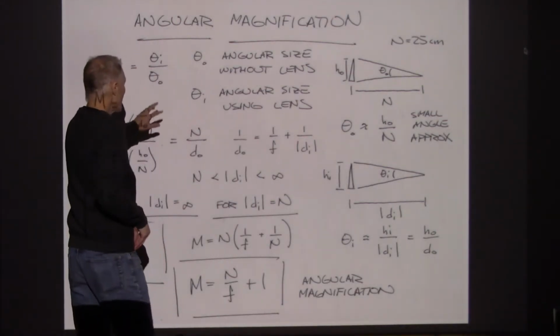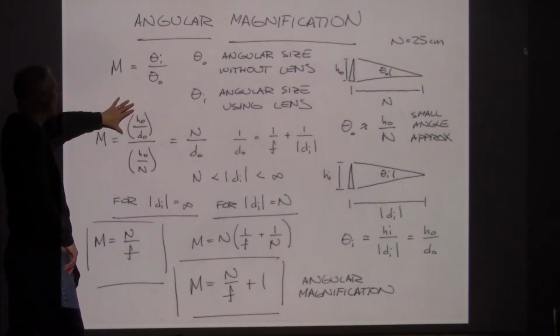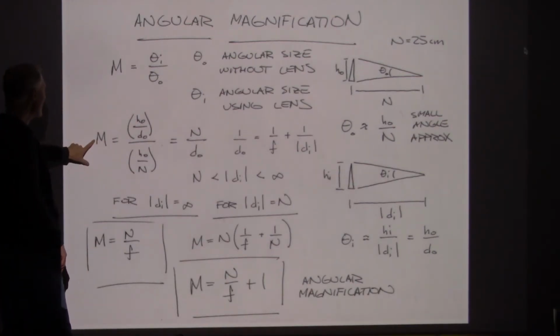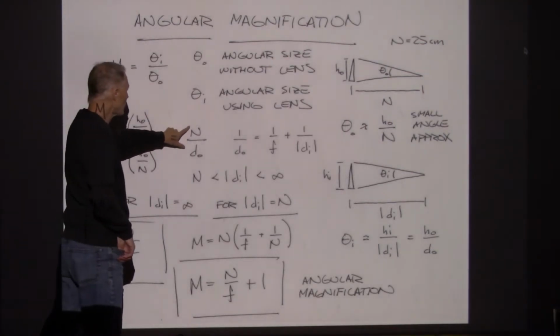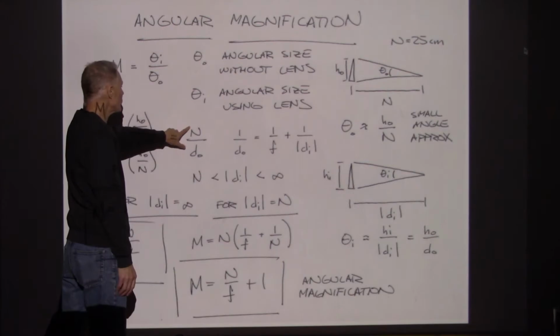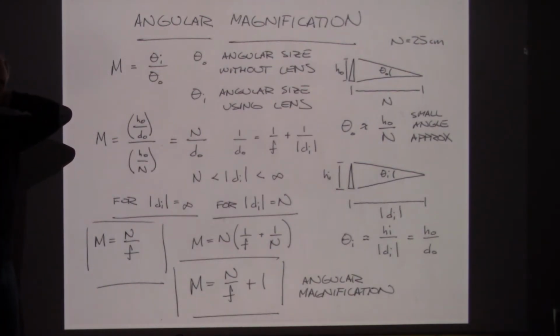And so this is the angular size using the lens, HO over DO, and the HO's cancel. And so it says the magnification that I get is the near point, which is like 25 centimeters, divided by whatever the object distance is.